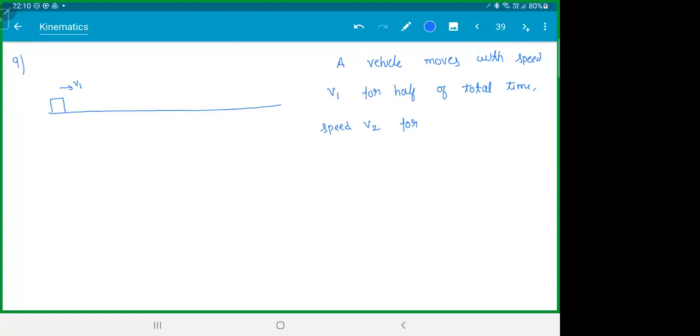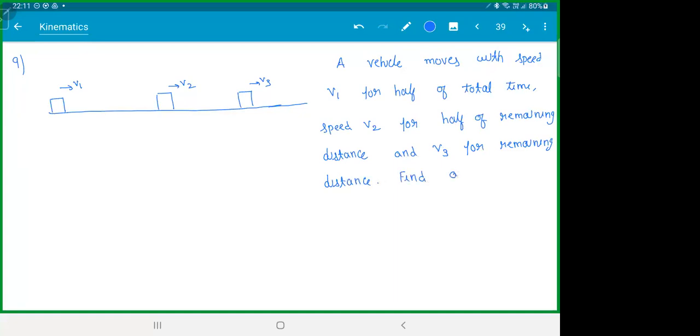So after traveling for half of the time, whatever distance remains, half of it, it will travel with v2. And v3 for the remaining distance. Find the average speed. I hope the question was clear.